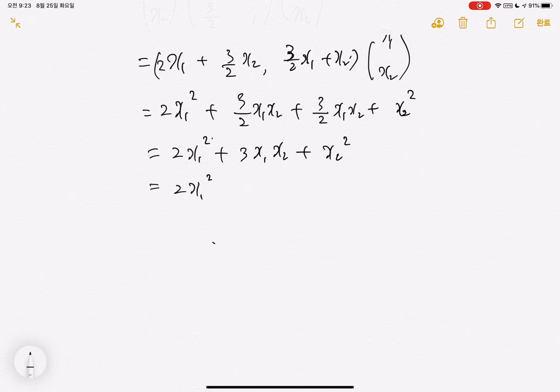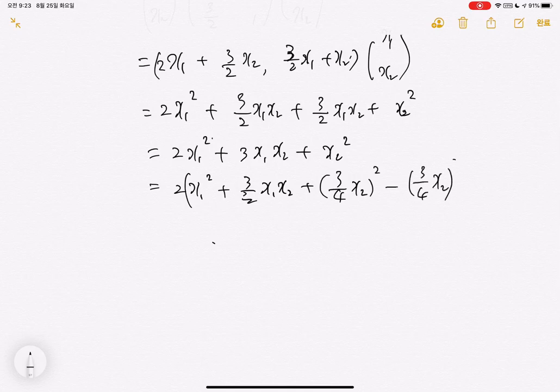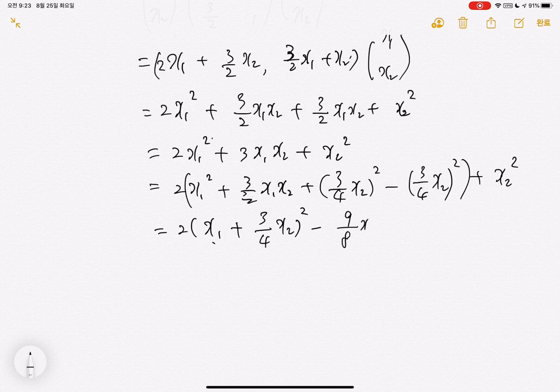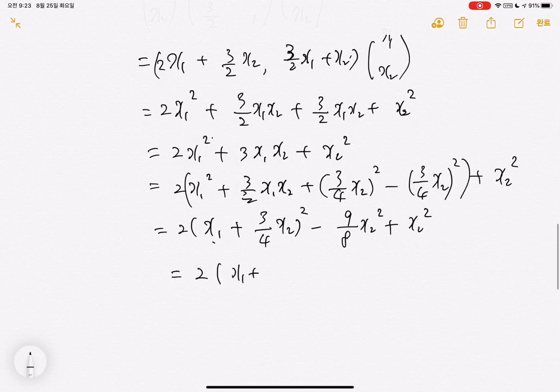So 2 x1 squared plus 3 x1 x2 plus x2 squared equals 2 times (x1 plus 3/4 x2) squared minus 9/8 x2 squared plus x2 squared, which is 2 (x1 plus 3/4 x2) squared minus 1/8 x2 squared.